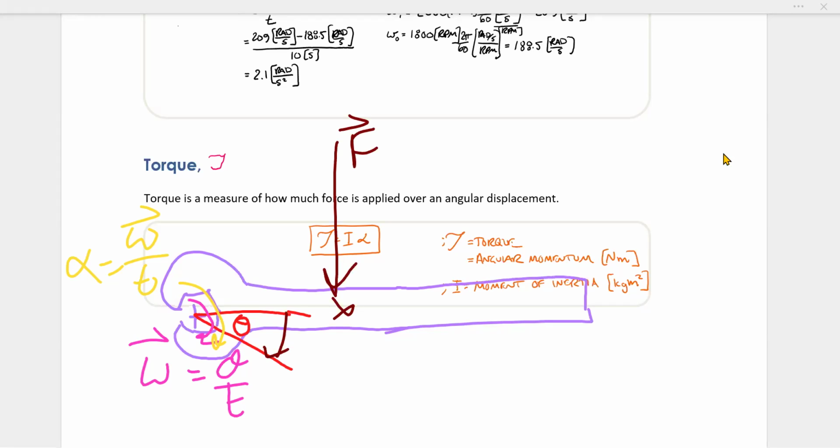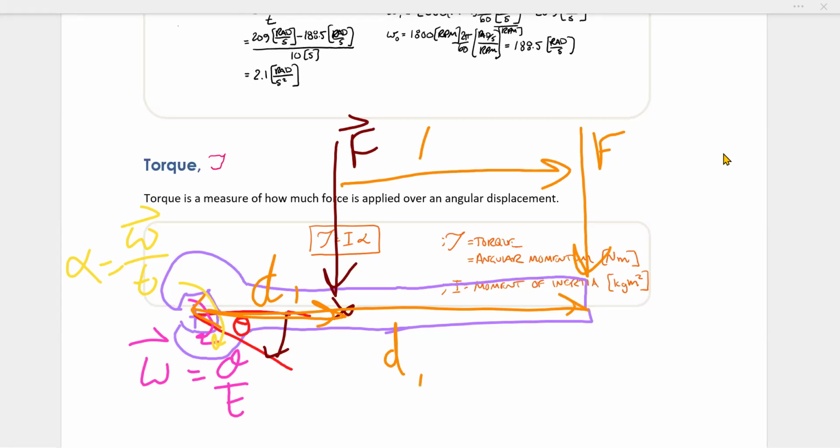However, if I ask an adult who has some life experience to turn this, then they're going to put this force here at the end, because they can tell from life experience that the distance d1 versus d2 matters. They have learned somewhere along their life that this distance delta d actually makes the job easier.